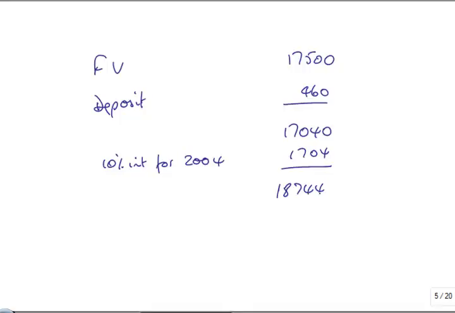Beware, it is an easy mistake to deduct that 1,704 rather than add it. Just be careful. I remember when I was a student, 2 or 3 times I deducted it when I was doing this calculation. And it's a pain, because when I was doing the exams, you didn't have calculators.